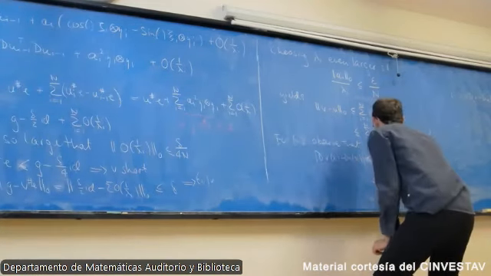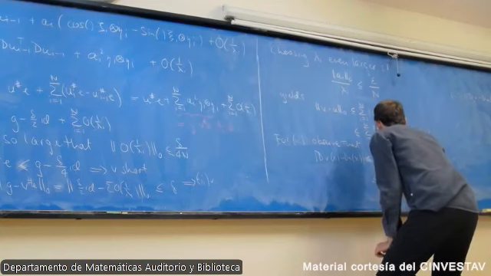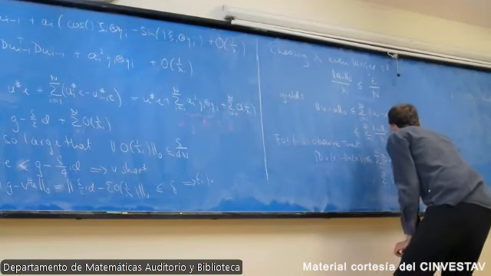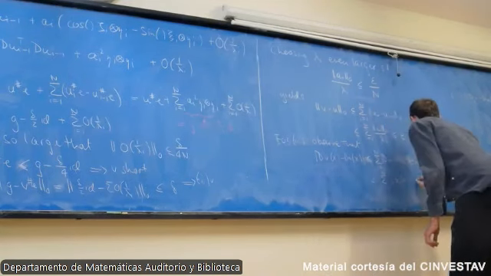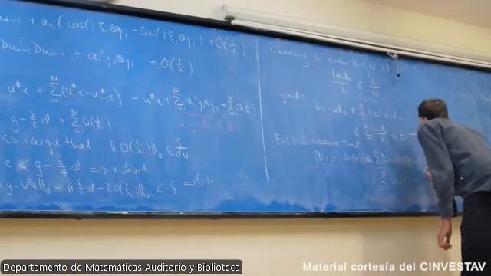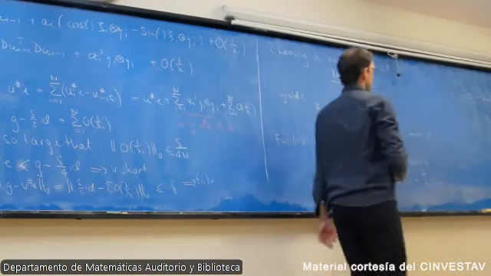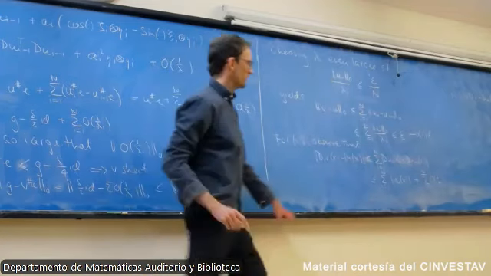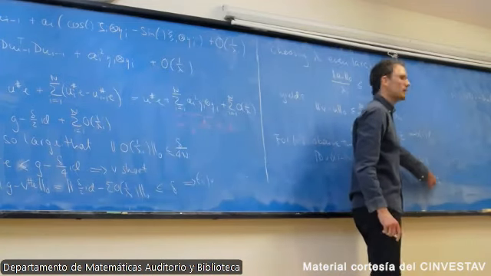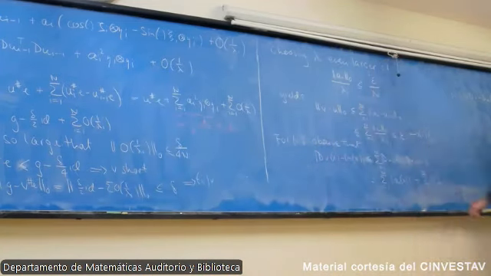This is less than or equal to the sum 1 to n, and then ai of x. And then I have the sum 1 to n, 1 over lambda i. So this one I simply forget, because choosing lambda i small enough, I make it smaller than anything which I want. Right, this is the estimate I want.